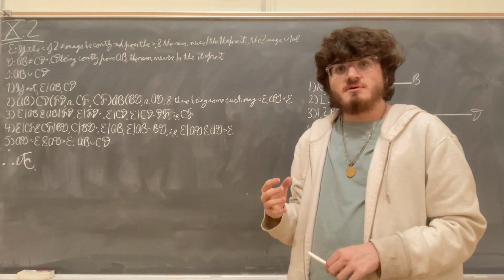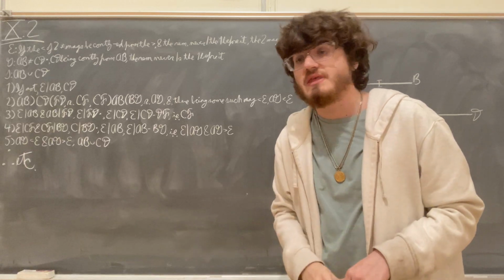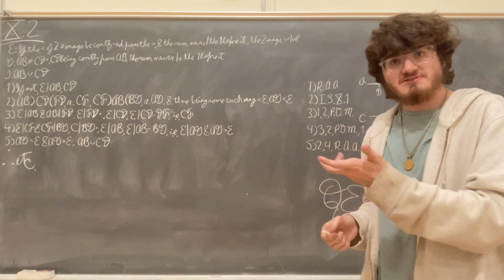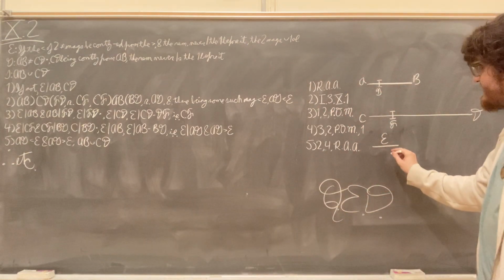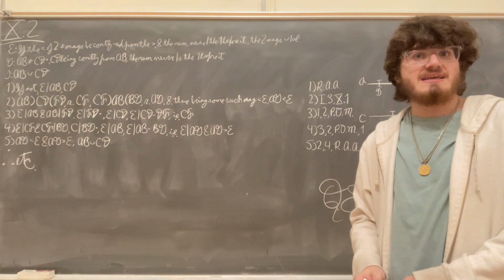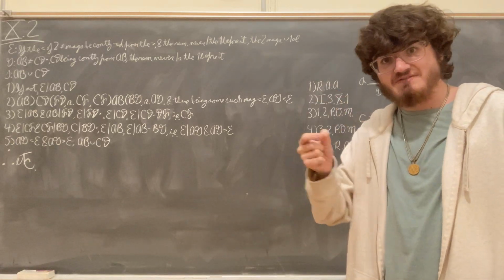Now, we know that if we continually do this process of continuous subtraction, Proposition 10.1 tells us that we'll eventually reach some magnitude which is less than the common measure E. That's what Proposition 10.1 is all about. It's about the fact that you can get a magnitude that is less than any given magnitude.